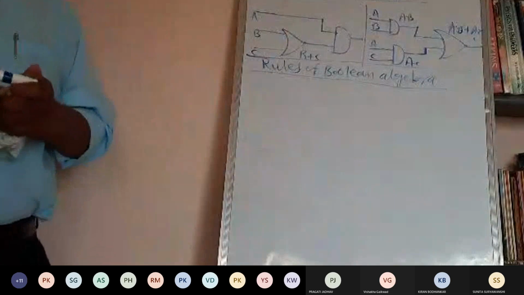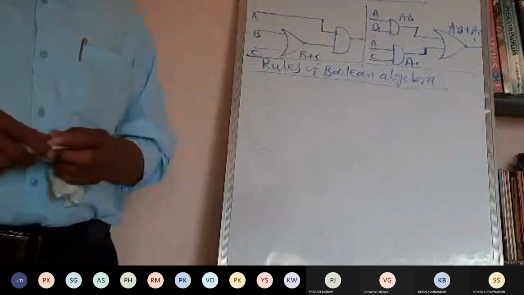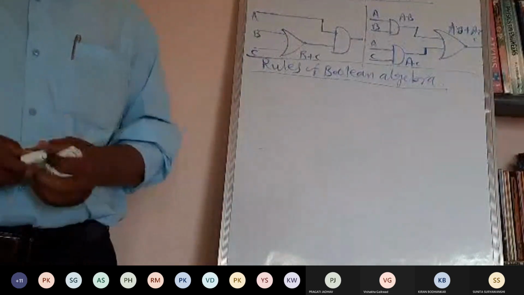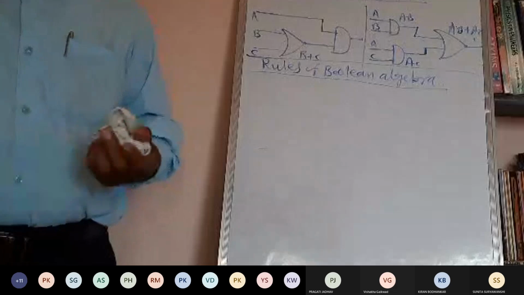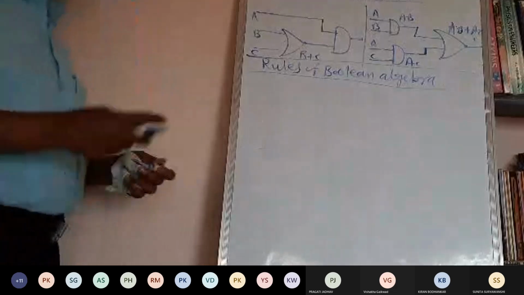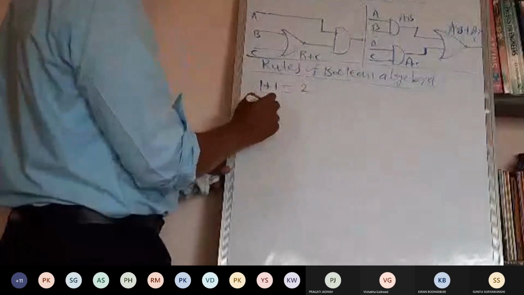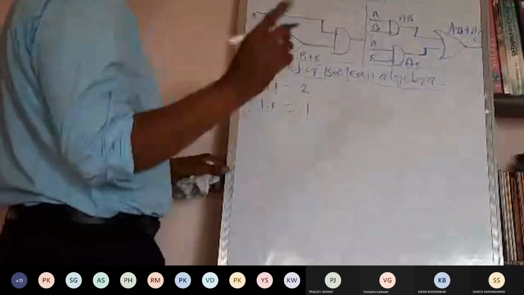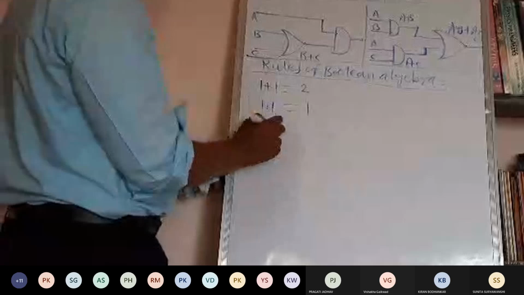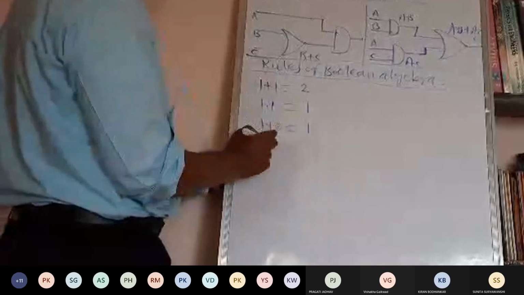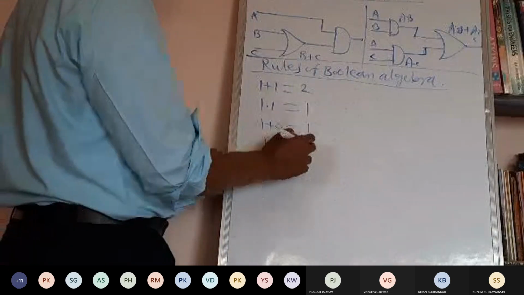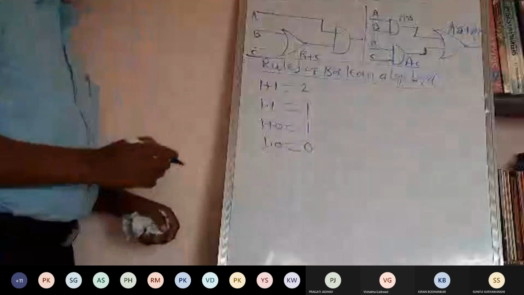आता बुलियन अल्जेब्रा त्याच्या अगोदर आपले साधे अल्जेब्राचे रूल्स आहेत, आपले अरिथमॅटिक अल्जेब्राचे आहेत. काय रूल आहे अल्जेब्राचा? ऍडिशन साठीचा रूल बघा आणि मल्टिप्लिकेशन साठीचा. ऍडिशन जर समजा मी 1 + 1 केला तर is equal to 2 येत आहे. 1 × 1 केला 1 येत आहे. बरोबर आहे. 1 + 0 केलाय 1 येत आहे. 1 × 0 केलाय 0 येत आहे. बरोबर आहे का?